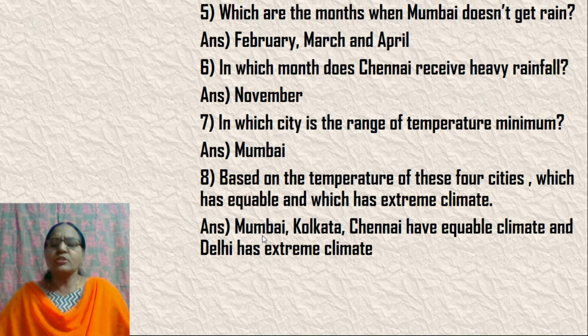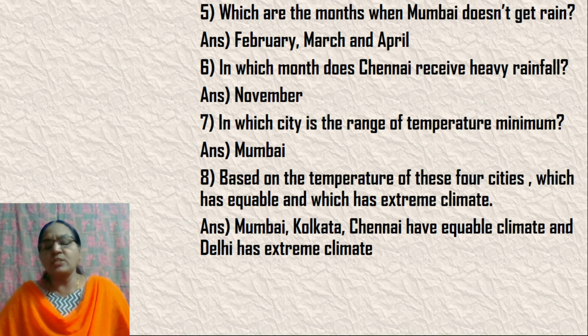Then, based on the temperature of these four cities, which is equable and which has extreme climate? Now, what is equable? Equable means there's not much range in temperature. There's maximum minus minimum, there's not much of range. But in the case of extreme climate, we find there's a wide range in temperature.